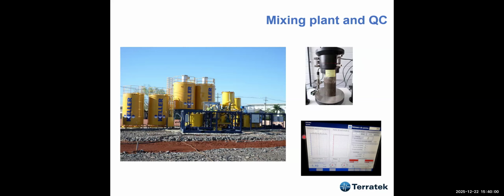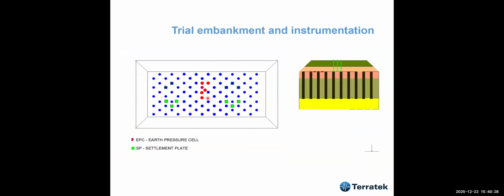And also they have this kind of onboard software in their machine in which they could control the amount, the quality of the mix, and the number of passes in order to get a good mix. And this was the mixing plant, I mean, the cement slurry plant.